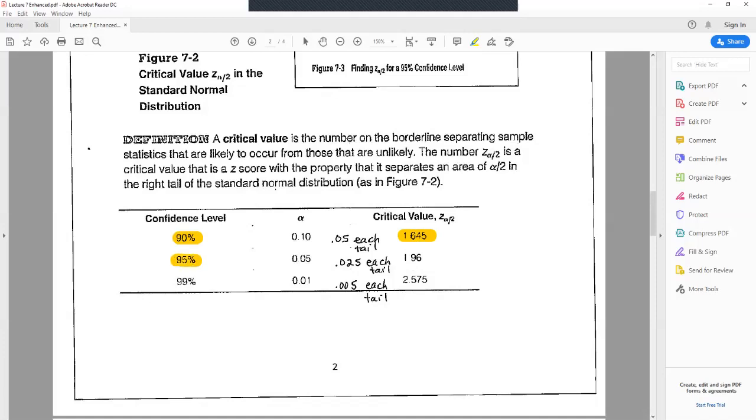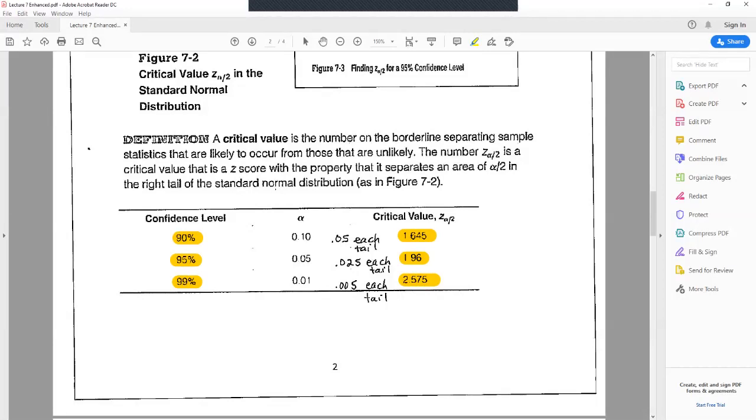For the 95% confidence level, it's 1.96. And for the 99% confidence level, we have 2.575. Again, we could use inverse norm to generate those critical values. Not all of our confidence levels will be 90, 95, and 99, but these are the most popular ones.